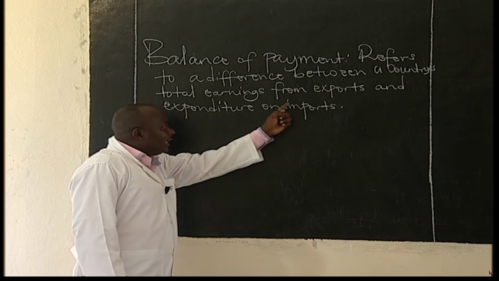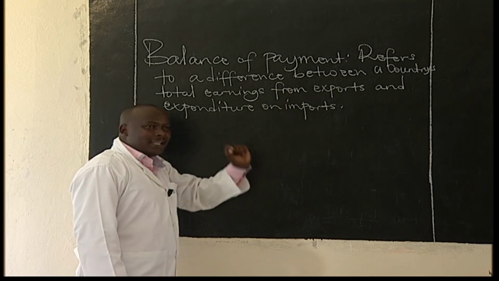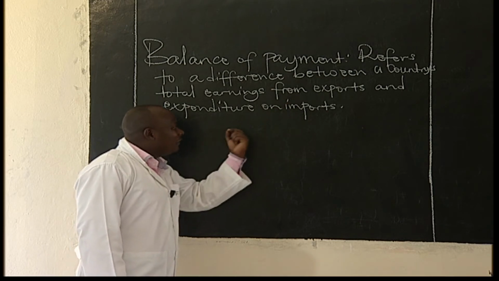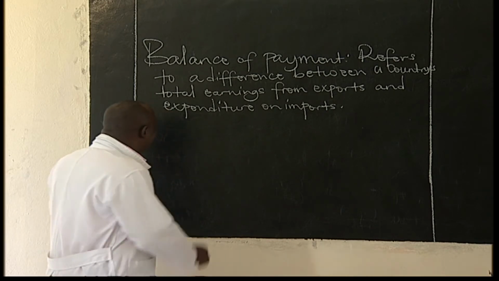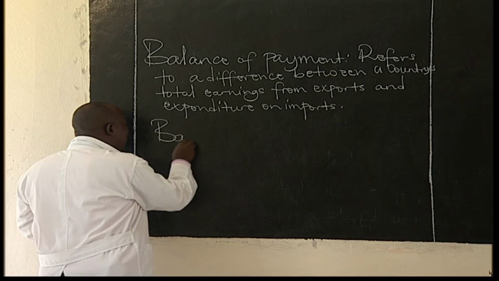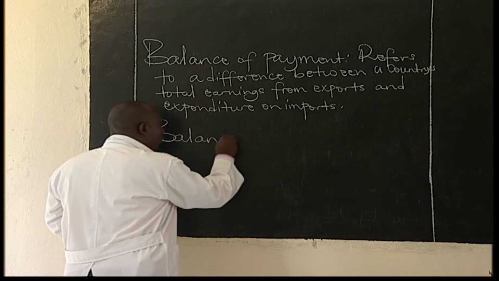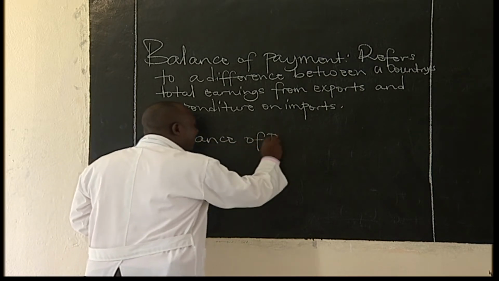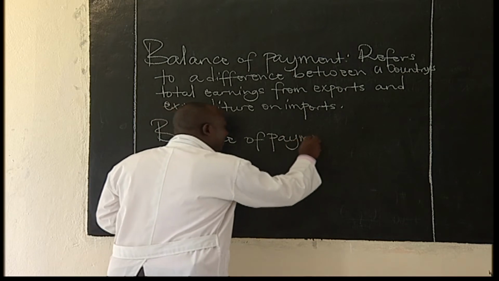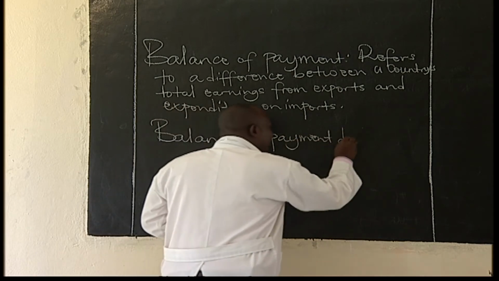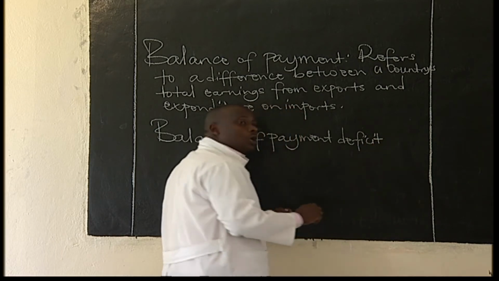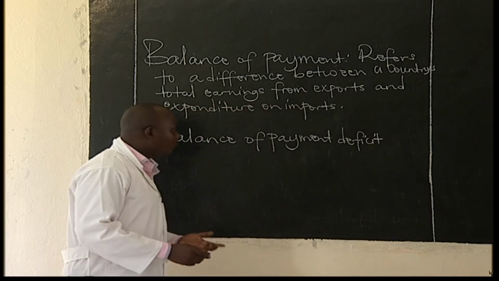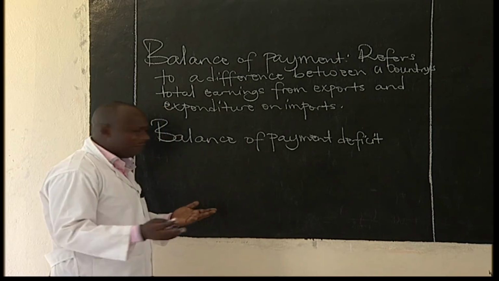If we get the earnings and subtract the expenditure, we may get a positive value or a negative value. This negative value is what we call the balance of payment problem, a balance of payment deficit. And what is a balance of payment deficit?